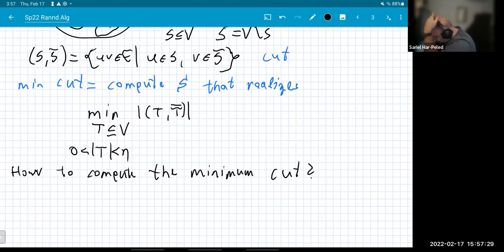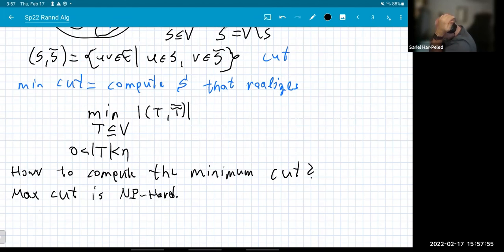It's not even clear, and the reason why it's not clear is because of maximum cut, right? So you want to find the cut that maximizes the number of edges. If you want to maximize the cut, max cut is NP hard or NP complete, depending on the version you look at. Let's call it NP hard.